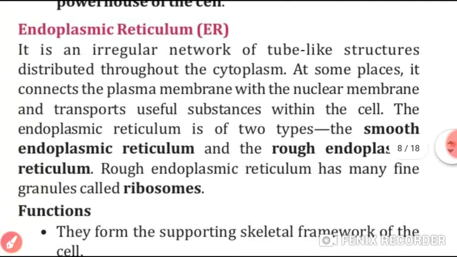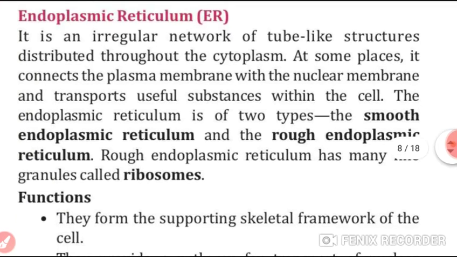Now, students, we will study about ER, endoplasmic reticulum. Students, it is an irregular network of tube-like structures and it is distributed throughout the cytoplasm. At some places it connects the plasma membrane with the nuclear membrane and transports useful substances. This ER is of two types: smooth ER and rough ER.